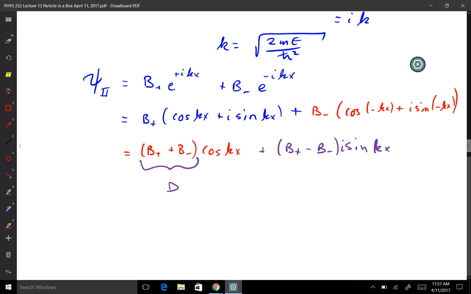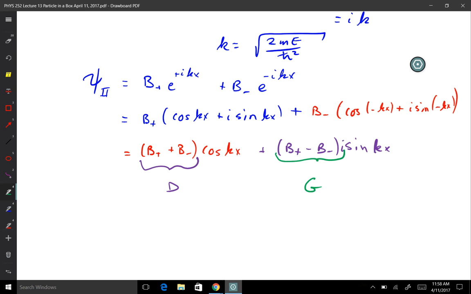So I'm going to call this right here D, B plus B minus. Since B plus and B minus were just arbitrary constants that I don't know, I'm just going to assign the sum of them to the name D. Now these can be complex, so I am going to assign the name G to B plus minus B minus times i, so I don't have to carry around the i anymore.